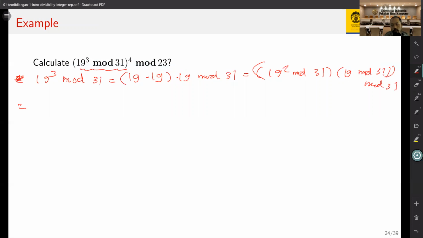So 361 mod 31, times 19 mod 31, which is 19, and then mod 31. What is 361 mod 31?